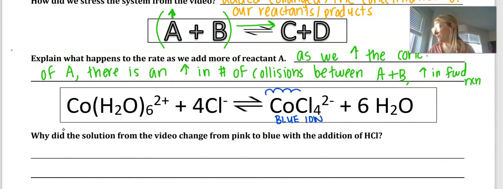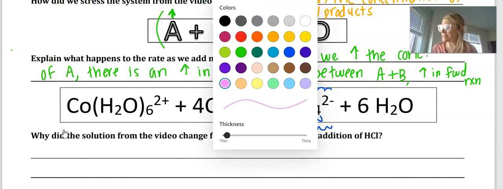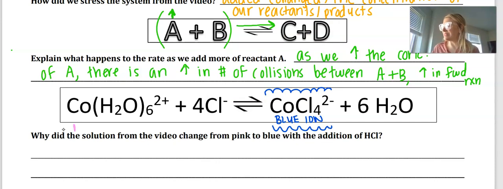Our Co(H2O)6 2+ is a pink ion. So what we saw, as a reminder, is we added hydrochloric acid, or HCl, and we saw our solution turn from pink to blue.